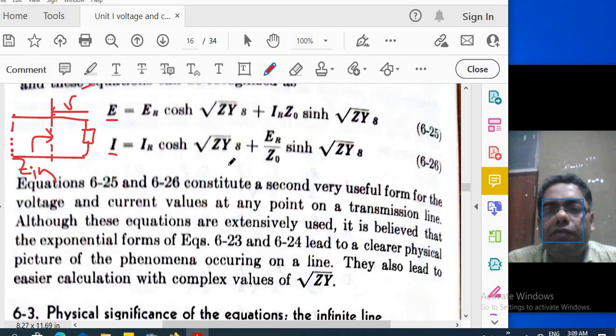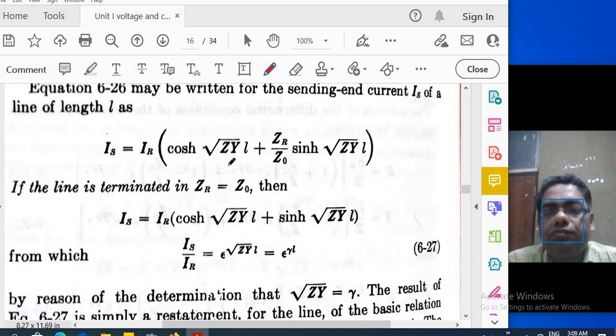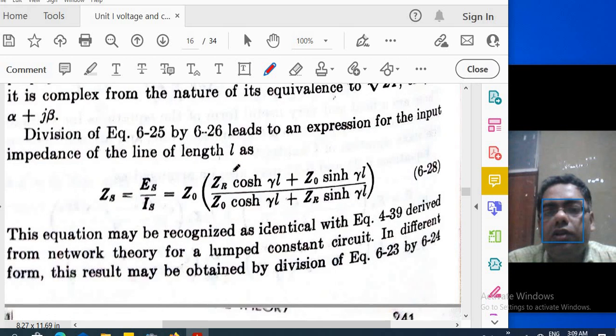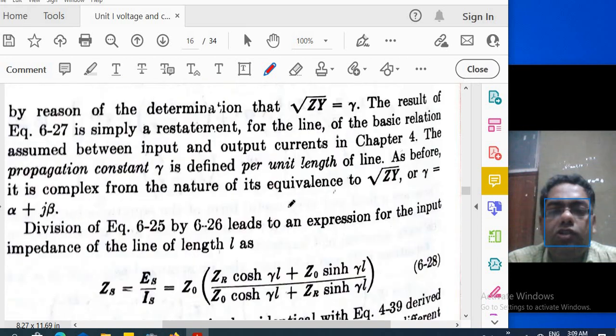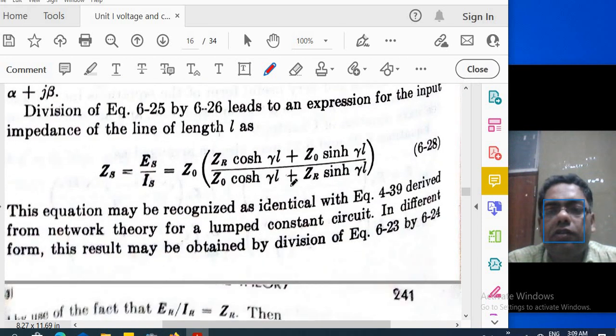So if we just take the ratio and do a slight algebraic manipulation, we get it in this form. We are just taking the ratio, and we get this as the input impedance of a transmission line.